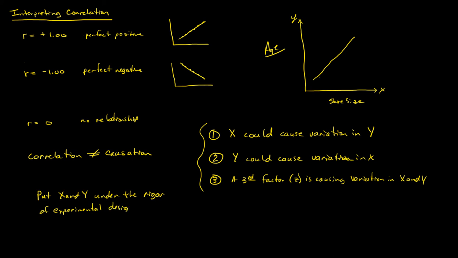So now you're going to try to make one of them precede the other to see if you can establish causality. Okay, so now you'll have X precede Y, and then control how you're manipulating X to see if it causes changes in Y.